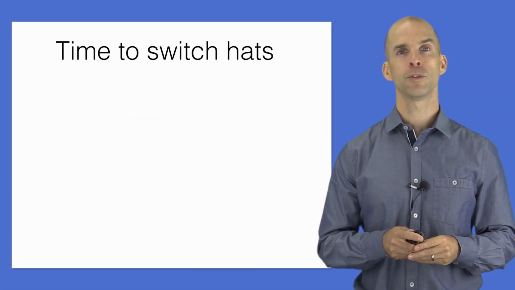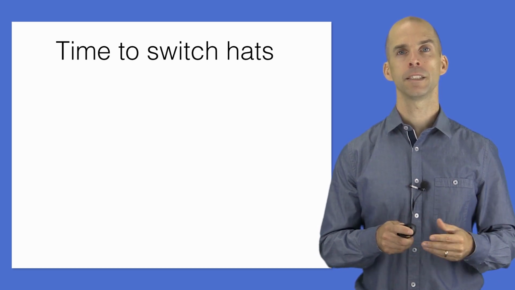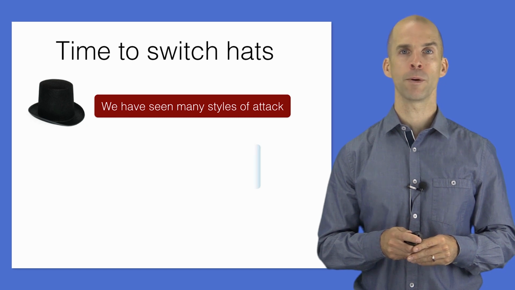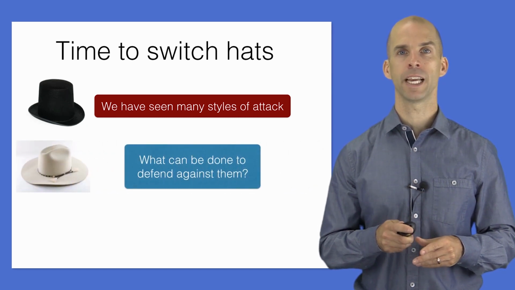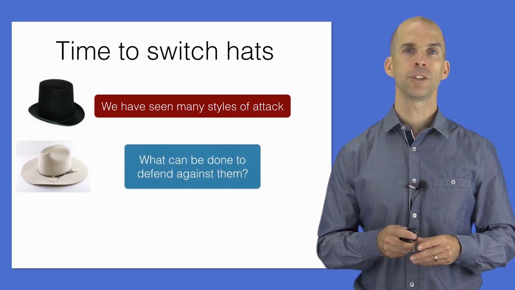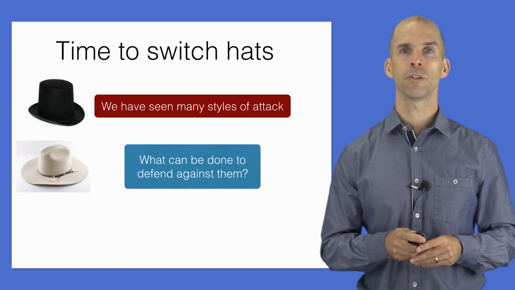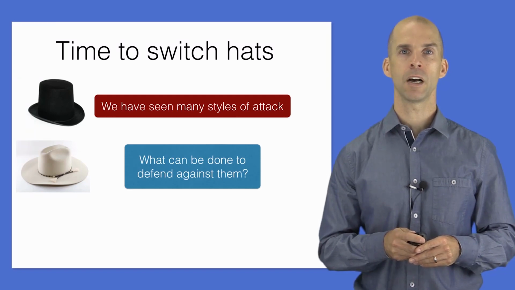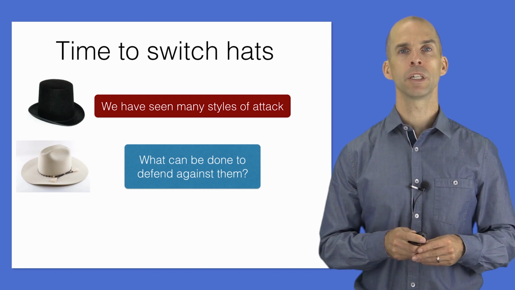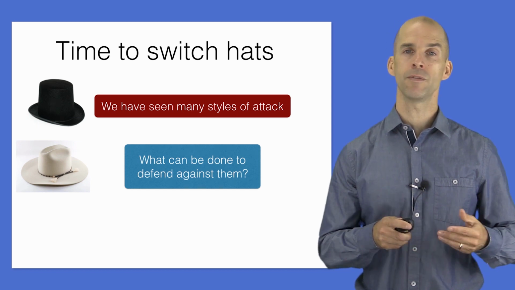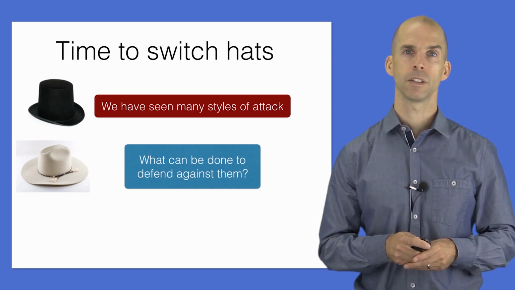Now that we have seen the wide variety of buffer overflow style attacks that exist, it's time to trade our black hat for a white one to see about how to defend against them. In our next unit, we will step back and look more carefully at what these attacks have in common. Then we will look at a variety of different defenses and evaluate their effectiveness.